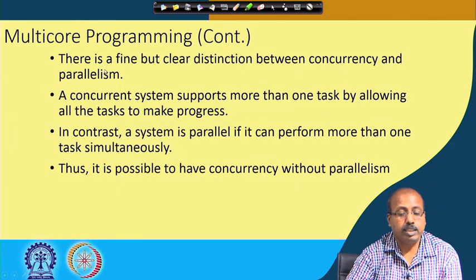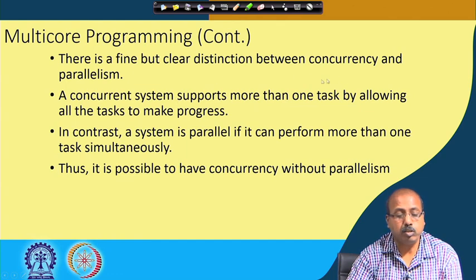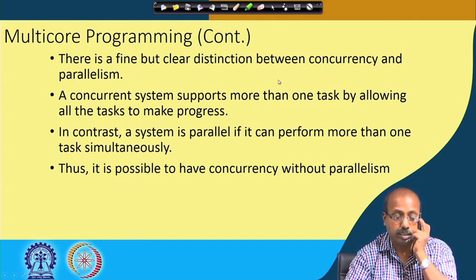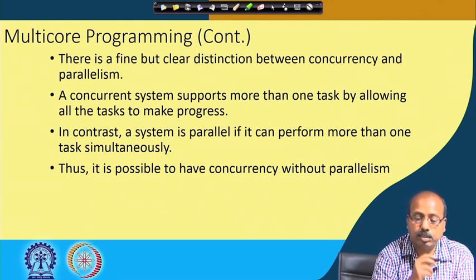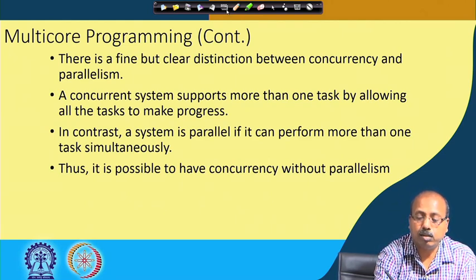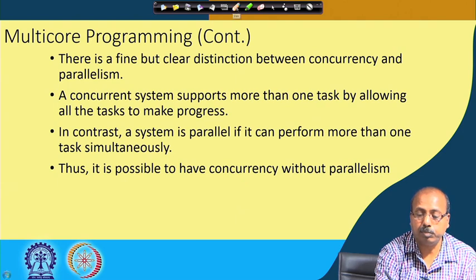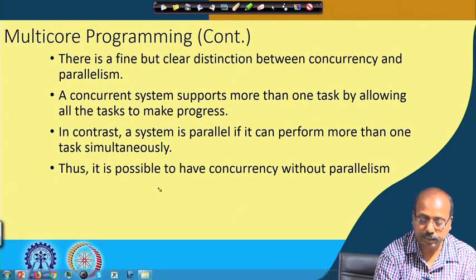There is a fine but clear distinction between concurrency and parallelism. Let us try to understand this with an example. Suppose we have got a party in our home, and in that party there are several invited guests.